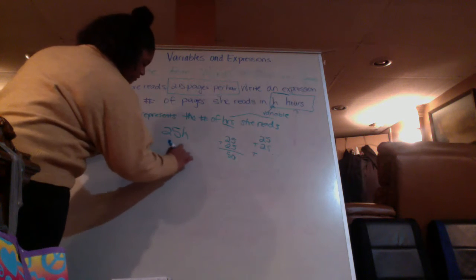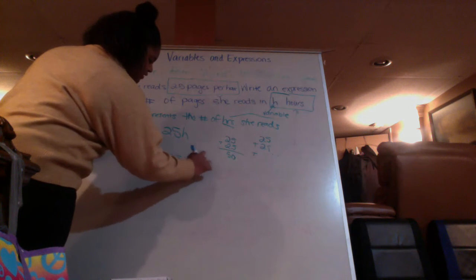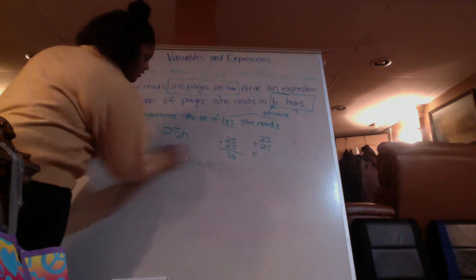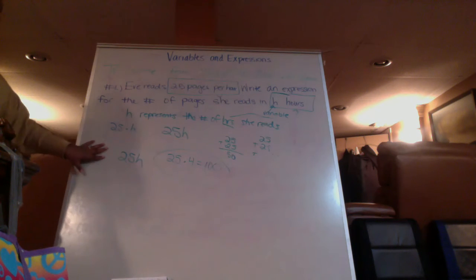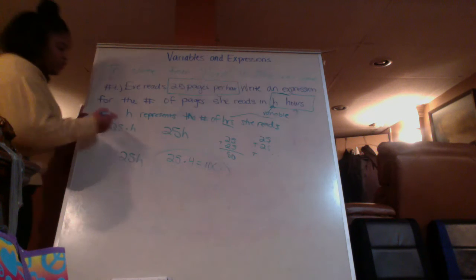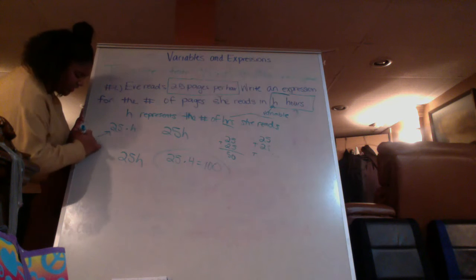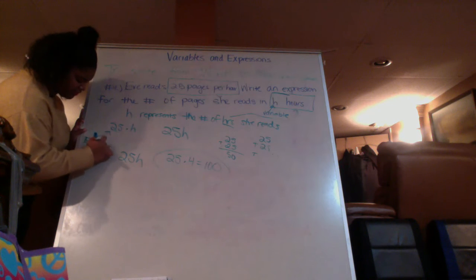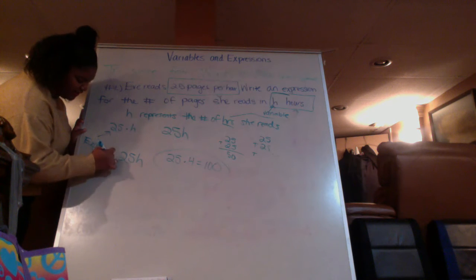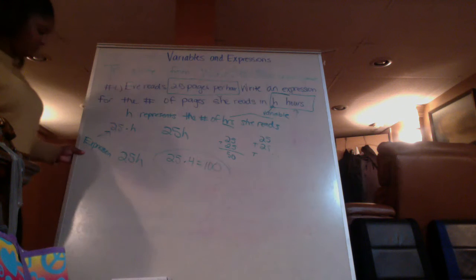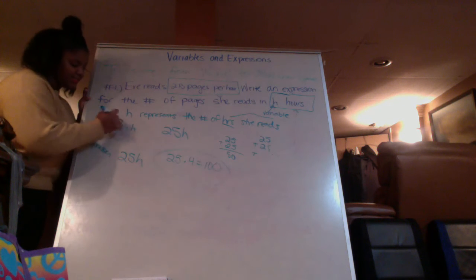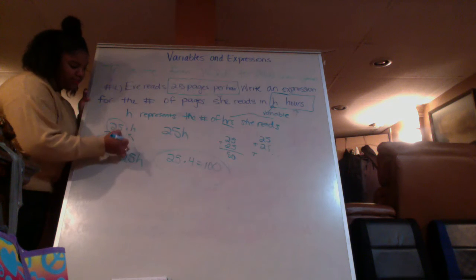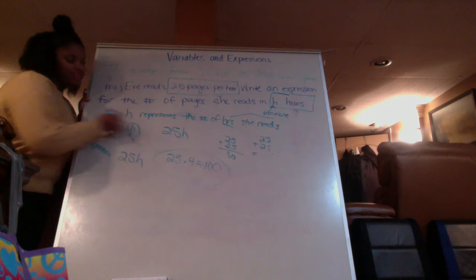You could just say 25 times 4 equals 100. And that would be your answer. In this case, they just wanted us to write the expression. So this is the expression. Technically, it's an algebraic expression because it has a constant, an operation, which is multiplication, and it has a variable.